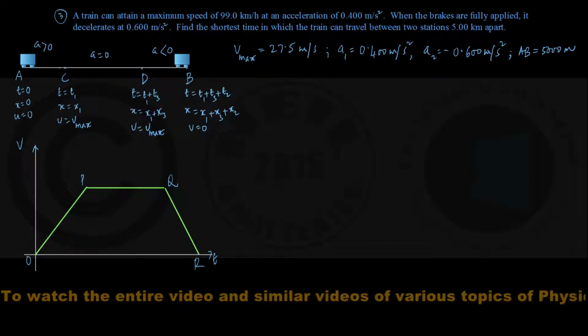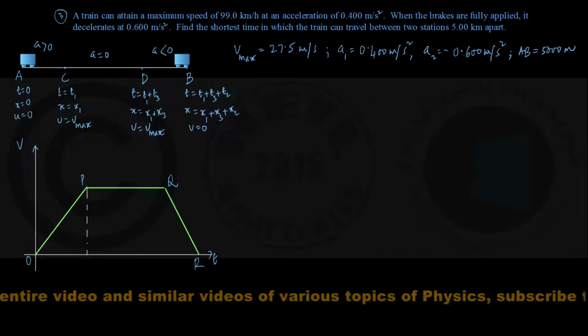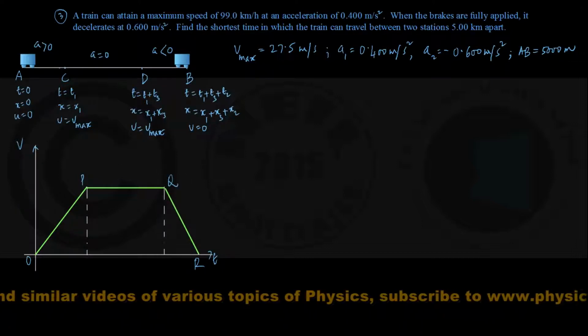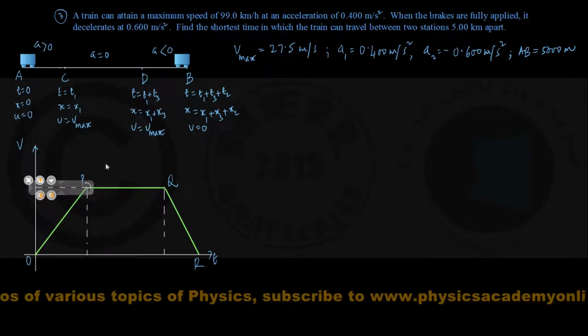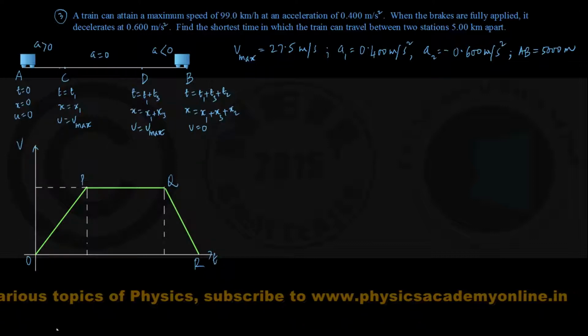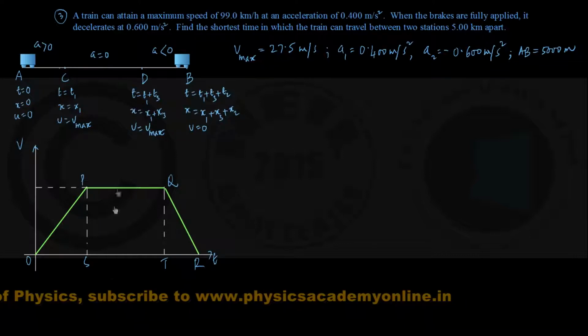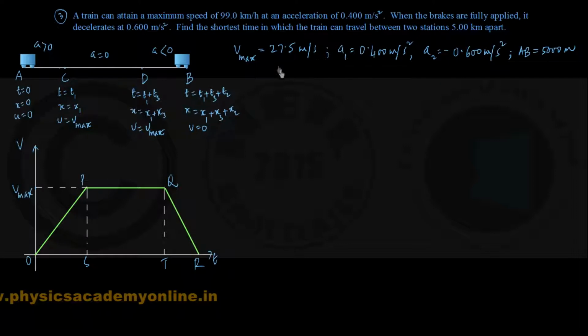To complete my construction, let me draw two perpendiculars from the points P and Q onto the time axis, and also draw a dashed line as shown from this point P onto this velocity axis. Let me call these points S and T. It is obvious that this point on the v-axis represents the maximum speed attained by the train, that is Vmax, 27.5 meters per second.